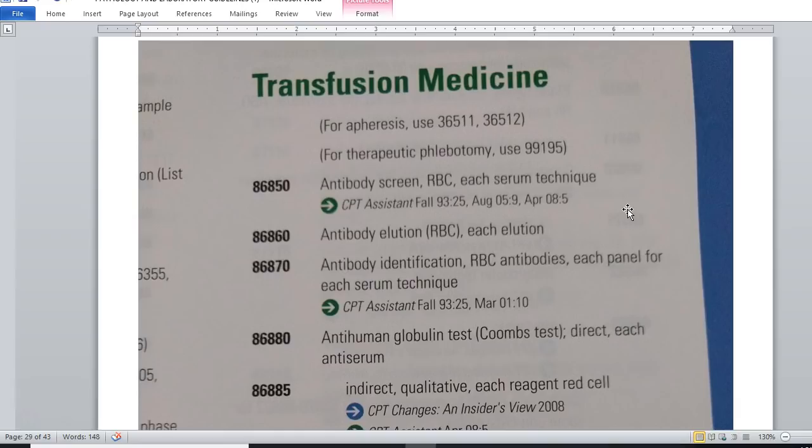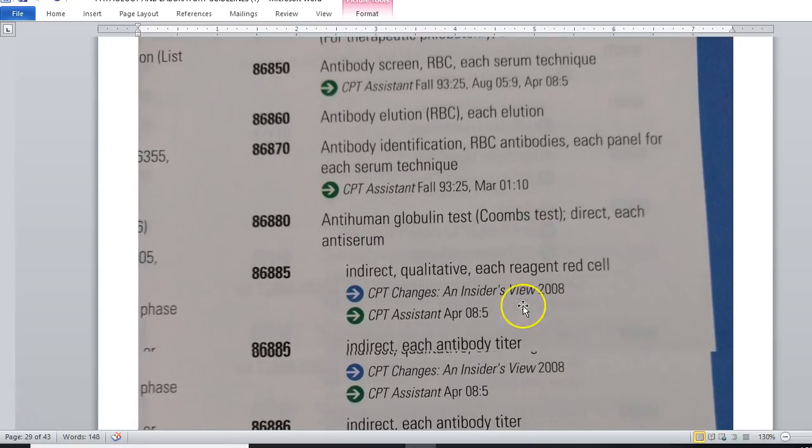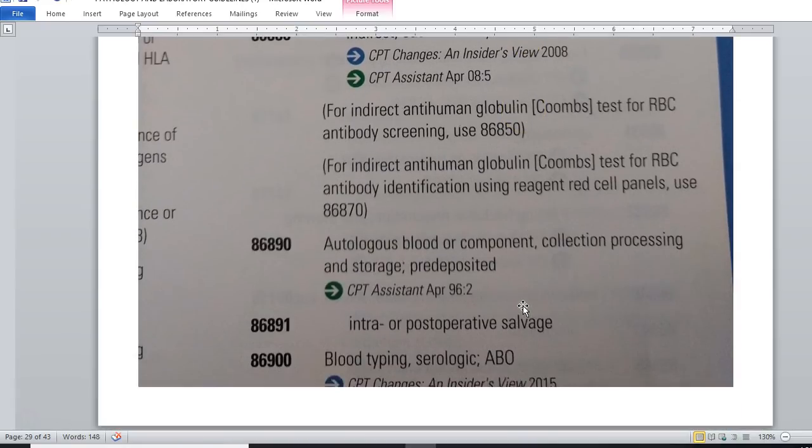We then get to transfusion medicine. Again, most of these are going to be different types of blood products, different things that could be in the blood products. So we can do everything from an antibody screen all the way down here. We have the collection and processing of it, and storage if someone is going to store their blood ahead of time.